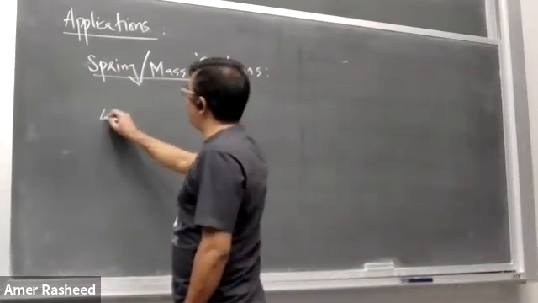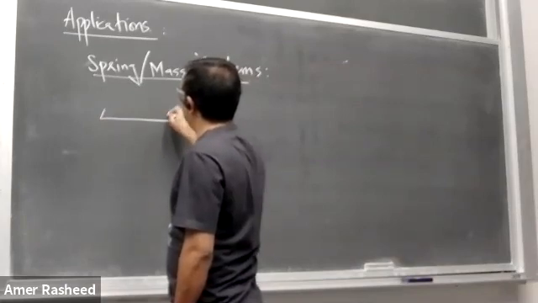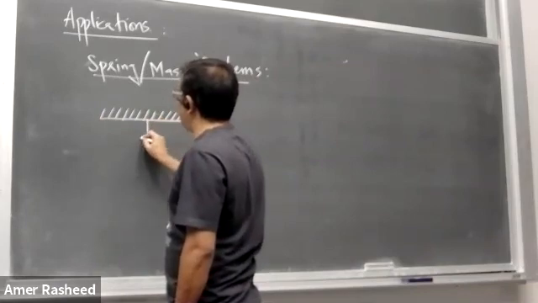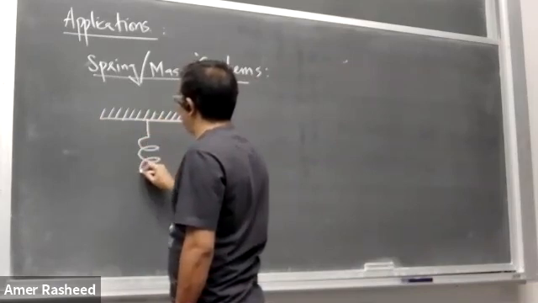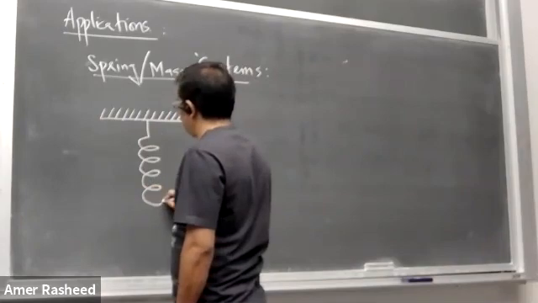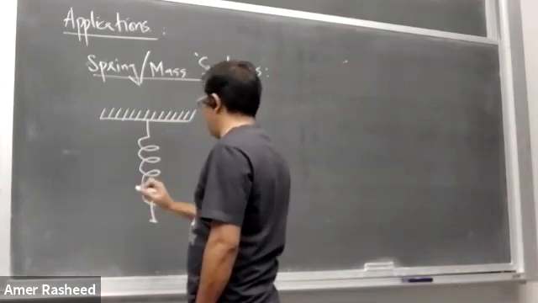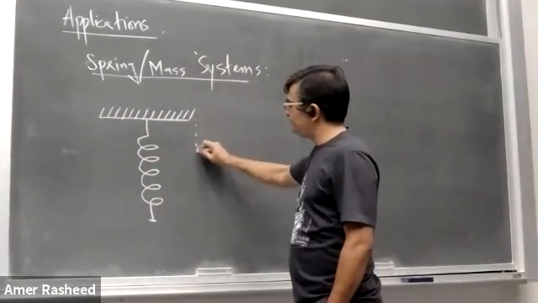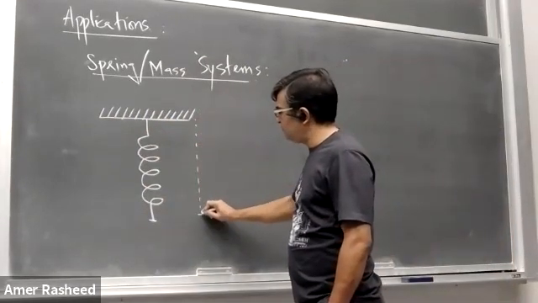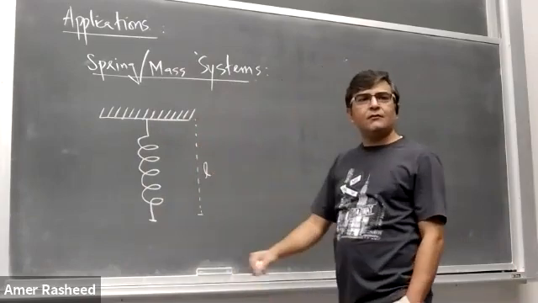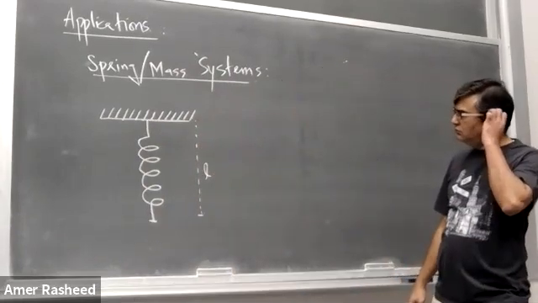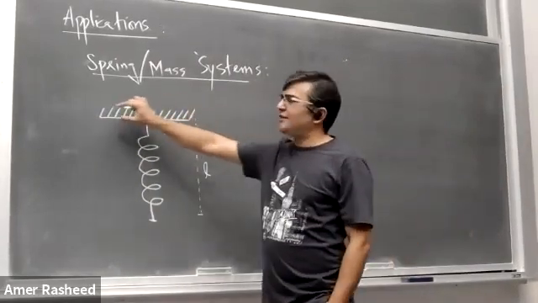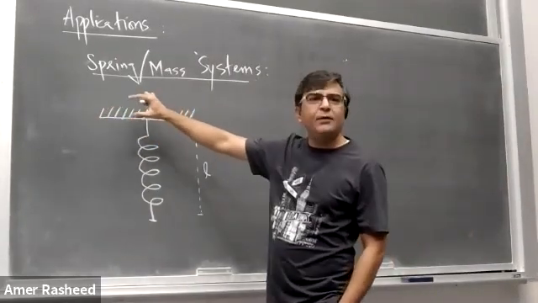In fact, if we have a rigid fixed support, and a spring is connected with this support. This is your spring, its length is L. This is a rigid support, meaning this wall is fixed, it cannot be moved.